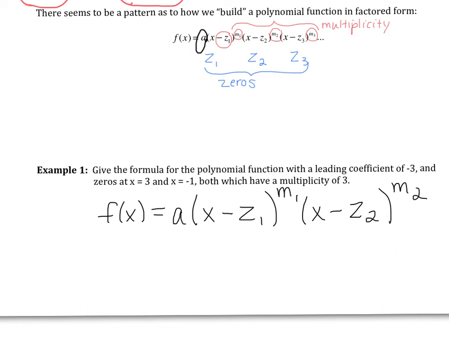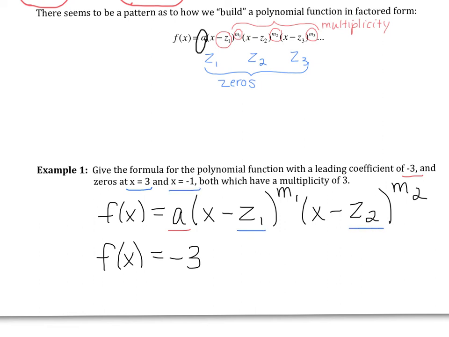And they've pretty much given us all the pieces. It's just a matter of dropping the right numbers into the right place. So let's do that. They said that the leading coefficient was -3. So they just specified our value for a, so we'll write a -3 in front here. Then they told us that we had a 0 at 3, so that will be our first 0, and a 0 at -1.